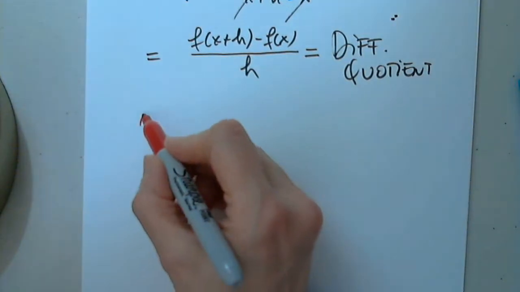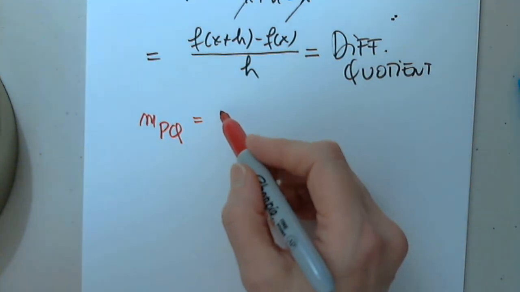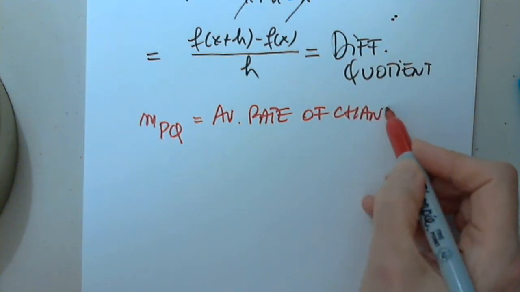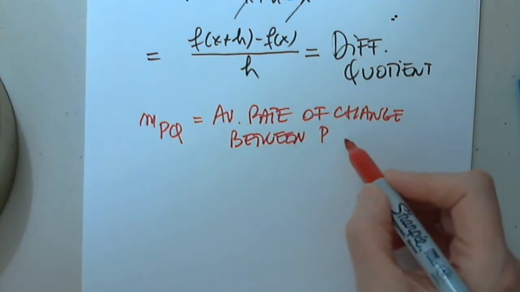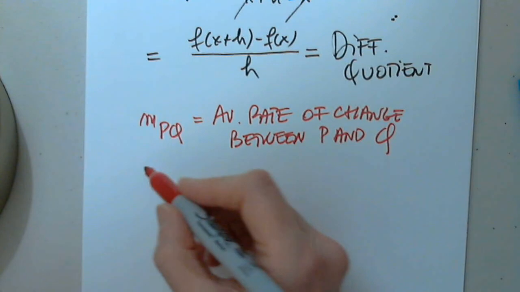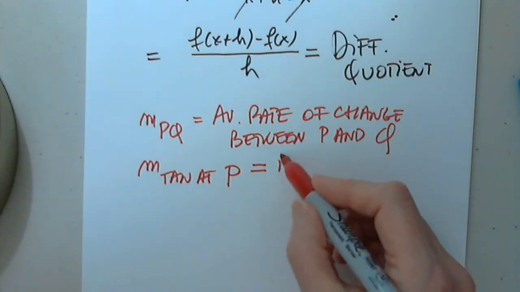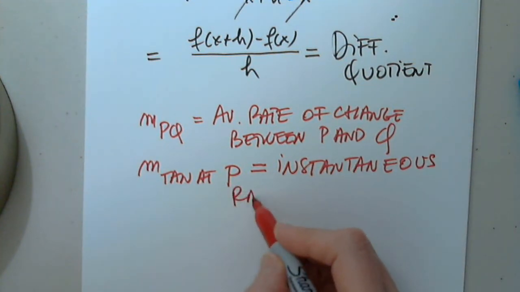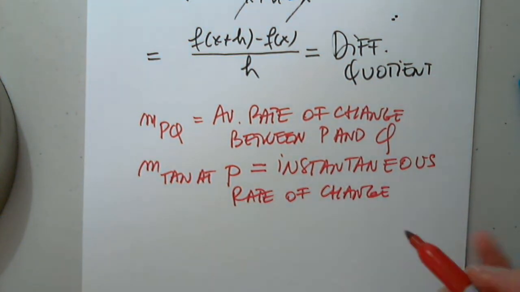Okay, so then if the slope of PQ is the average rate of change between P and Q, the slope of the tangent at P is the instantaneous rate of change of the function with respect to x.